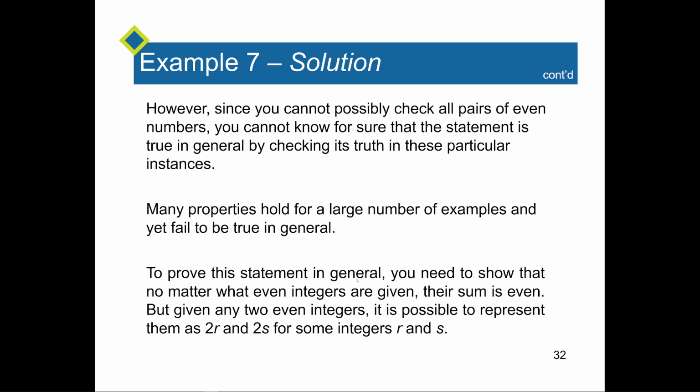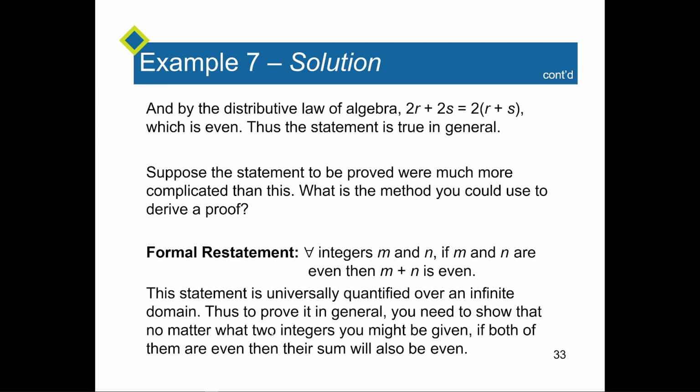To prove the statement generally, we need to show that no matter what even integers are given, their sum is also even. So we need a general statement here, which is why we chose 2r and 2s. Then we can say this is of the form of some even integers, and we can formally restate it: for all integers m and n, if m and n are even, then m plus n is even.